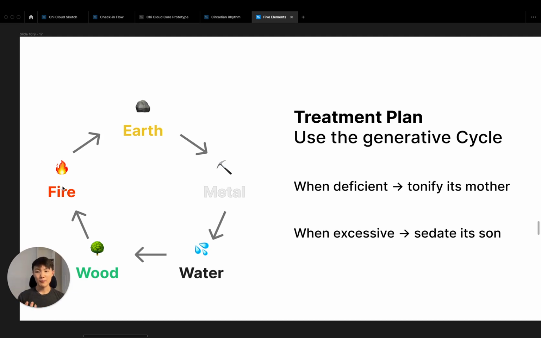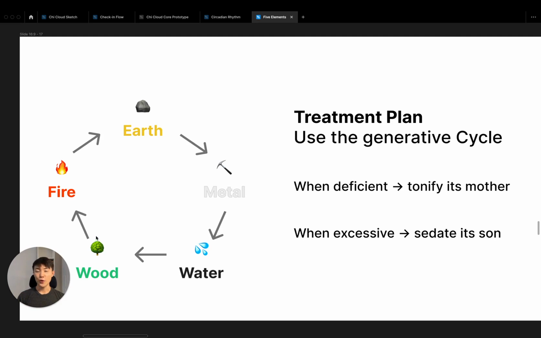Another way of thinking about this is if you sedate the son, what it controls, metal in this case, will become stronger because the son has become weaker, and then the grandmother, because it's stronger, it controls the excess more. So that's another way of thinking about it, whichever way works better for you.